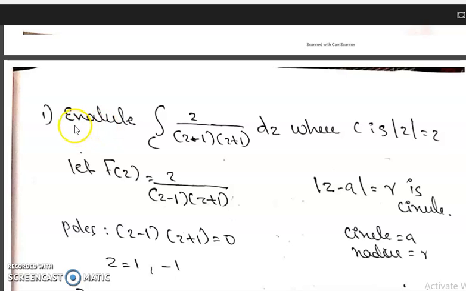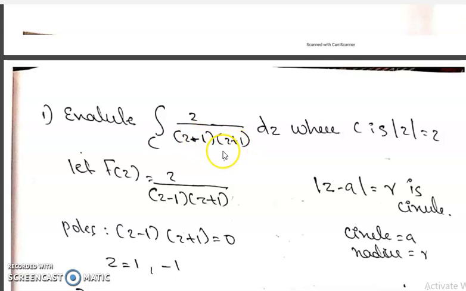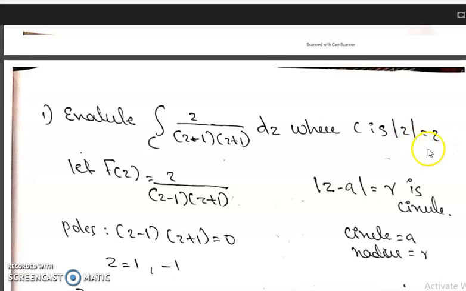We'll do some problems. Evaluate the integral over C of z by (z minus 1)(z plus 1) dz, where C is modulus of z equal to 2. So now to evaluate this, we'll use this Cauchy residue theorem.